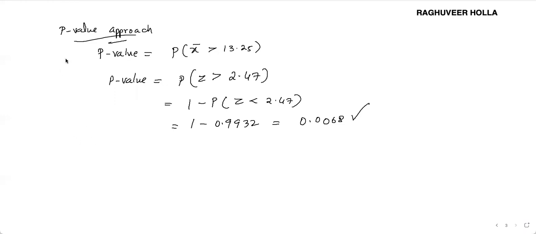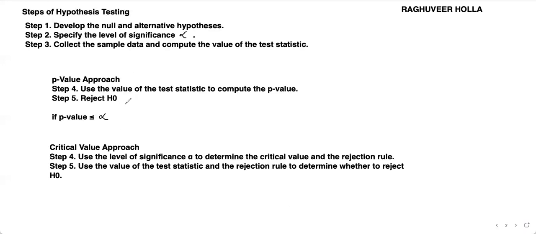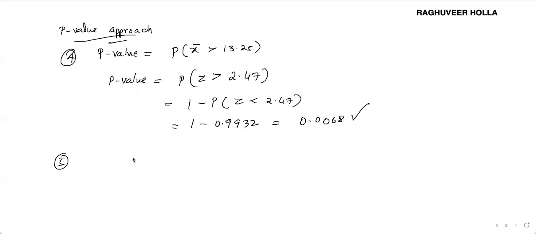Now this is the fourth step, and the fifth step is that reject H naught if p-value is less than or equal to alpha. So that's what we are supposed to do.